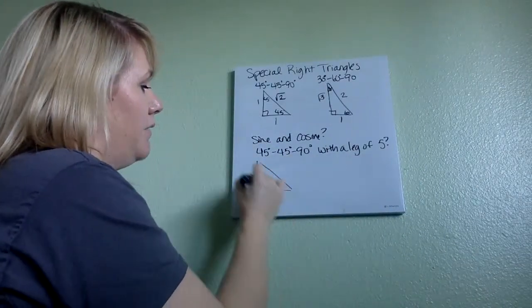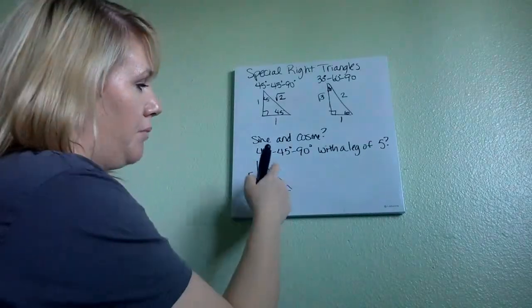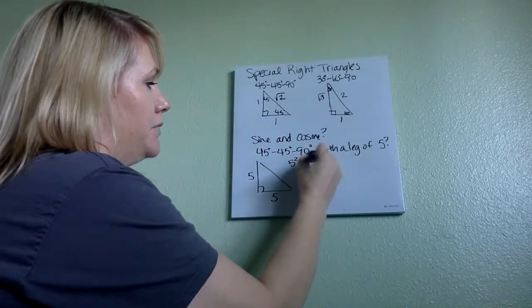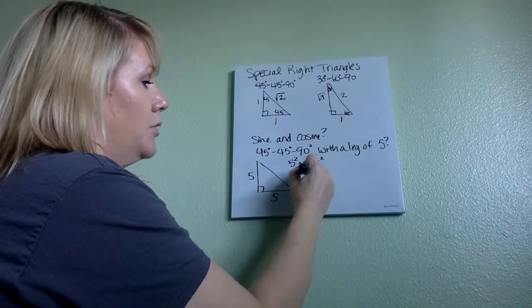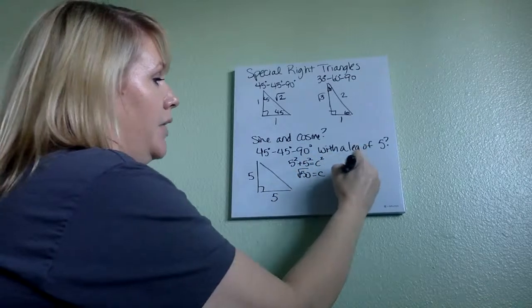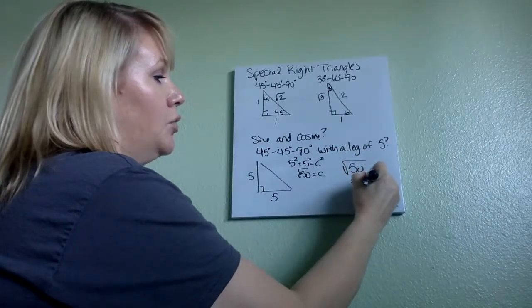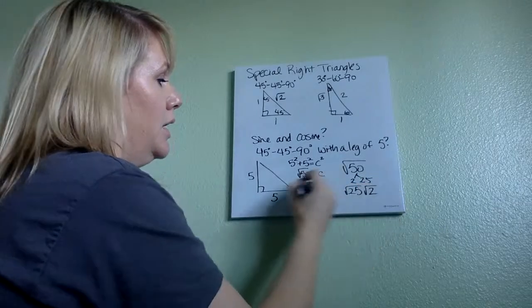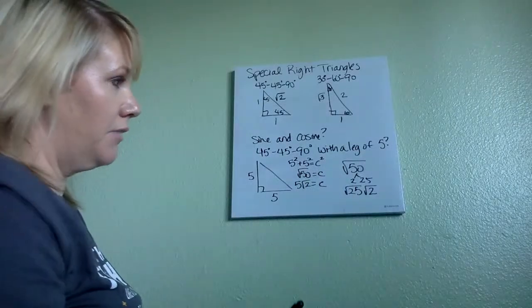If this leg is 5, then this leg is also 5, right? Then if you calculate your hypotenuse, 5 squared plus 5 squared equals c squared. So c is equal to the square root of 50. 50 is 2 times 25, so the square root of 25 is 5, giving 5 square roots of 2. That's what I would get for my hypotenuse.